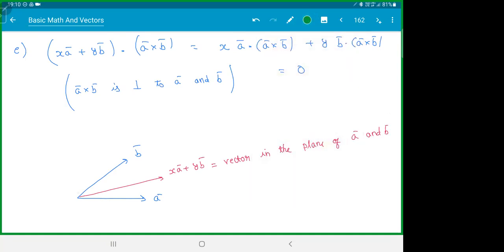And if you take A cross B, any vector in the plane of A bar and B bar will be perpendicular to that. Are you getting it? Any line drawn on your paper is perpendicular to the line out of the paper. I hope you're getting the meaning of that.